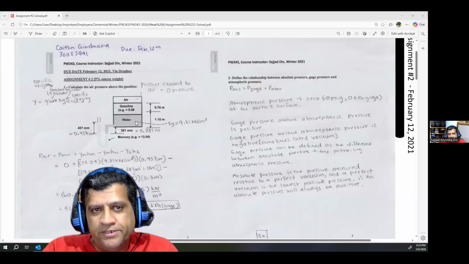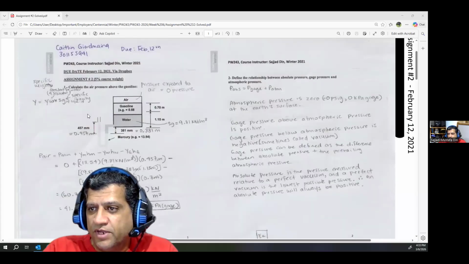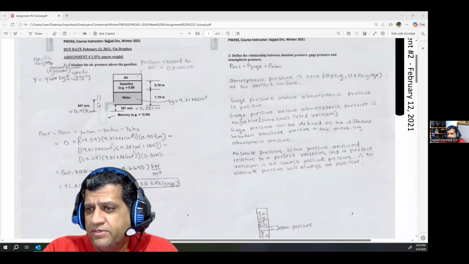Next question is very similar to, so I'll pull up an old assignment from a former student. Remember this question in your assignment? It's very similar to question number 1 over here. So you'll basically have to use the information given to determine in kilopascals the pressure above the gasoline in the air.